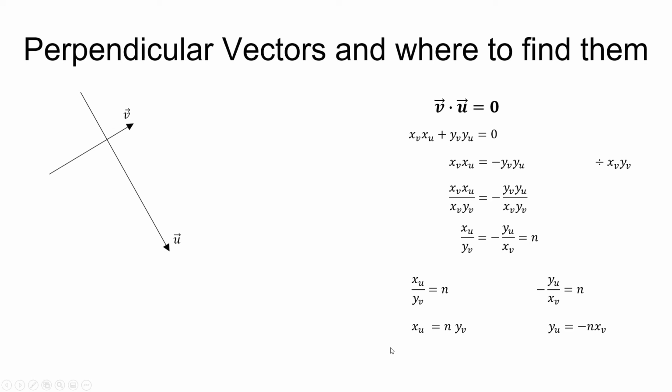Now please note that this xu and yu are the coordinates of the vector which is perpendicular to the vector xv, yv. In other words, we have just found a recipe for perpendicular vectors, and this is ny, negative nx.